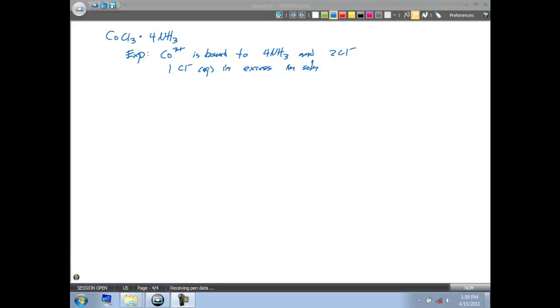So the structure that we're going to write for the complex ion is going to be Co(NH3)4Cl2 with 1 Cl as our counter ion. That means our complex ion has to have a +1 charge.